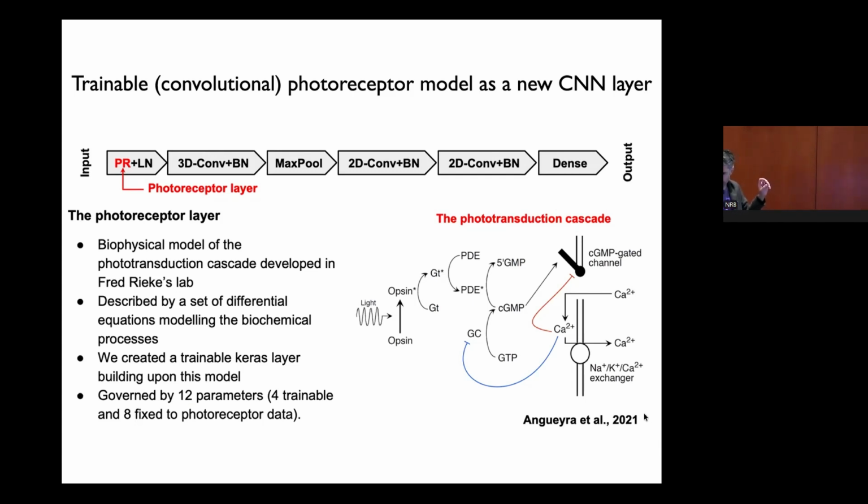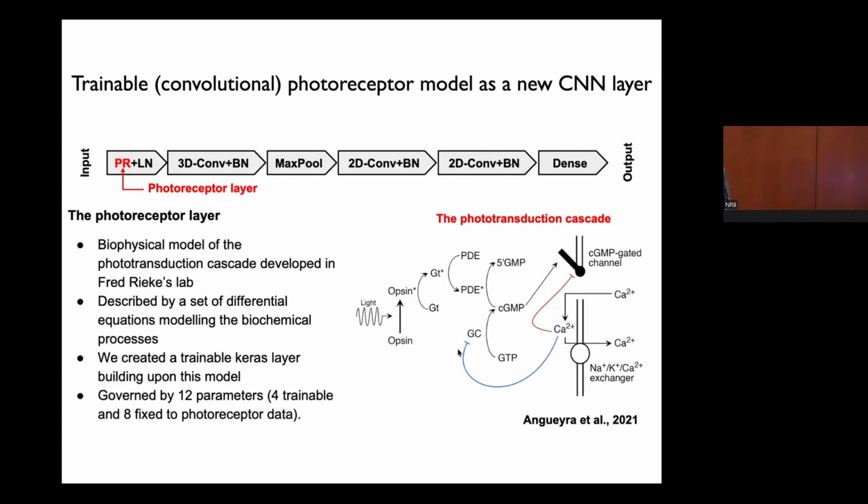And this process itself has some complicated dynamics, but it includes in blue this feedback pathway that allows the retinal photoreceptors to adapt to changes in the light level, effectively, as calcium starts to build up in the photoreceptor.